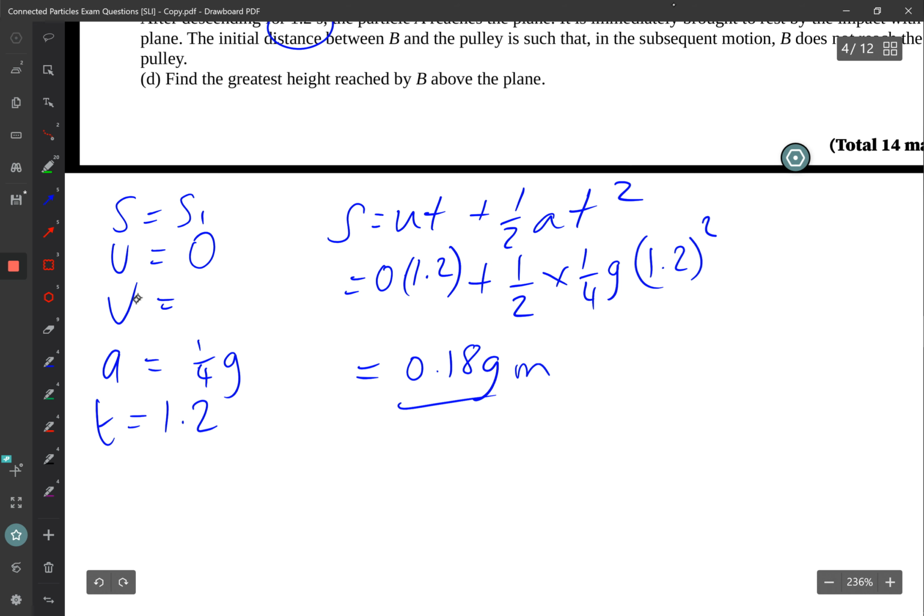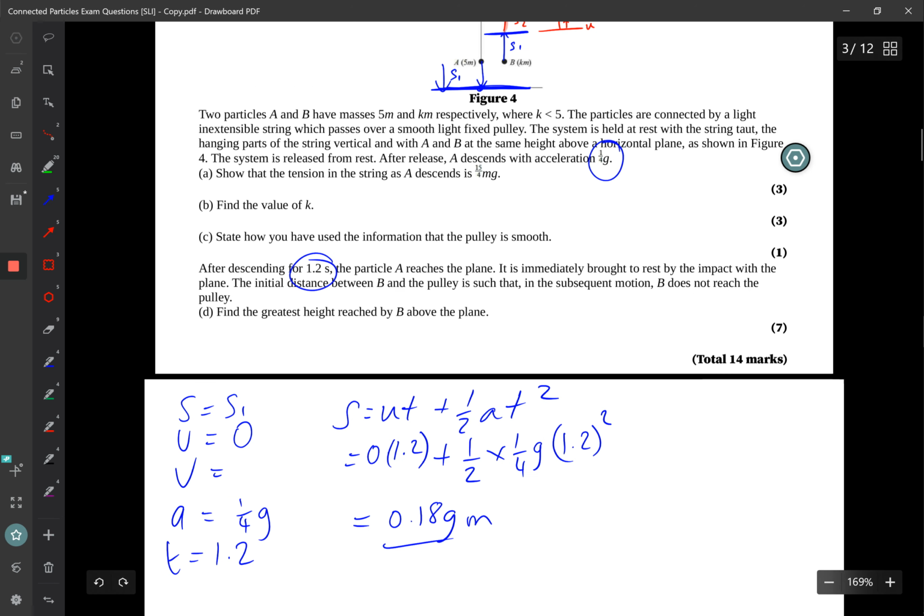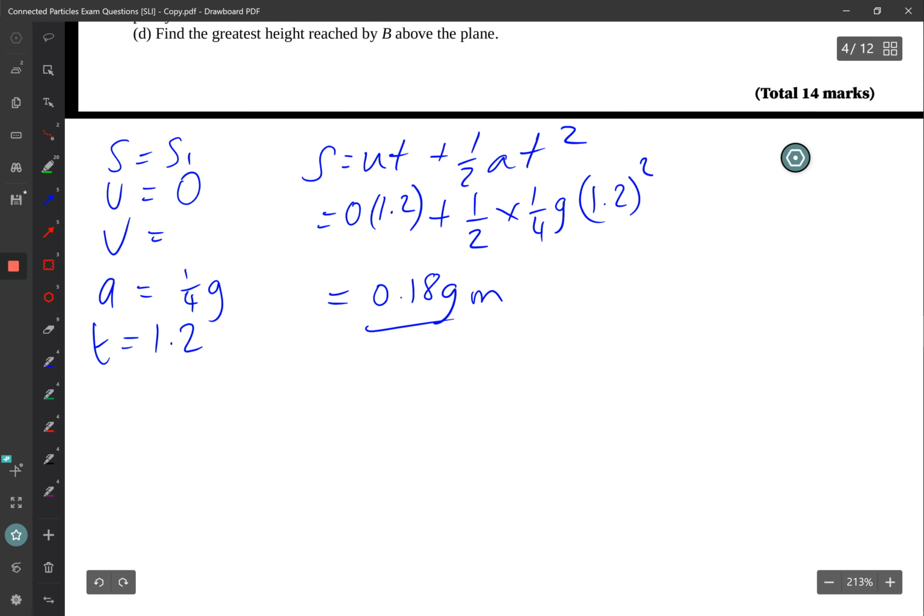Now we need to find the final velocity for this so that we can find the initial velocity for S2. So this is just, again, using SUVAT equations. We can say v squared equals u squared plus 2as. U is 0, so that's just 0 squared plus 2 times a quarter g times s, which is 1.2.